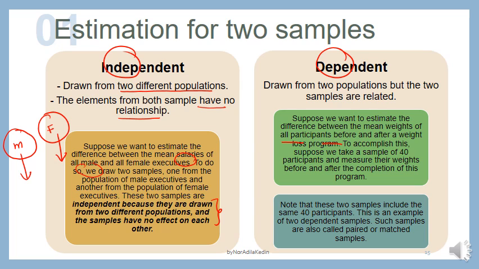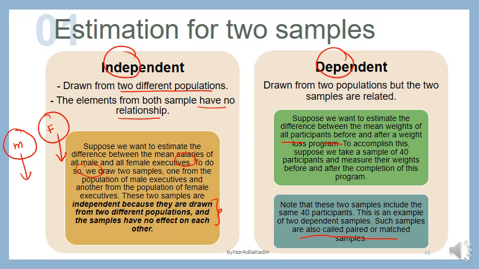So to accomplish this, suppose we take a sample of 40 participants and measure their weight before and after the completion of the program. Note that these two samples include the same 40 participants. This is an example of two dependent sample. So such sample are also called paired or match sample.